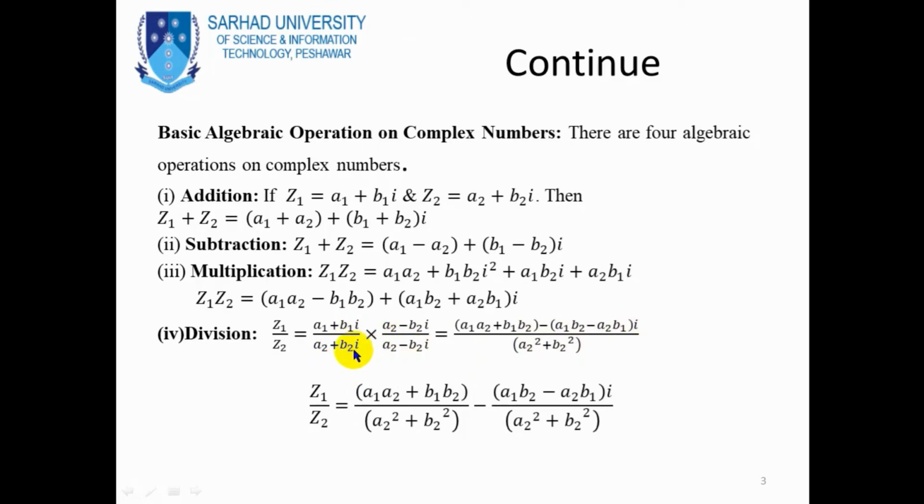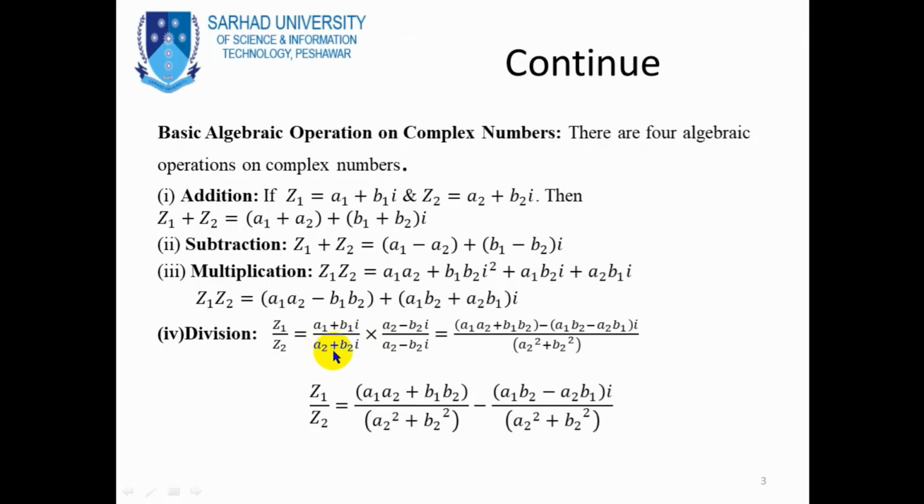In the denominator we have the formula a plus b into a minus b. In the numerator we have two different factors, a1 plus b1 i multiplied by a2 minus b2 i, and in the denominator we have two same factors, but the signs are different. The terms are the same, but the signs are different.